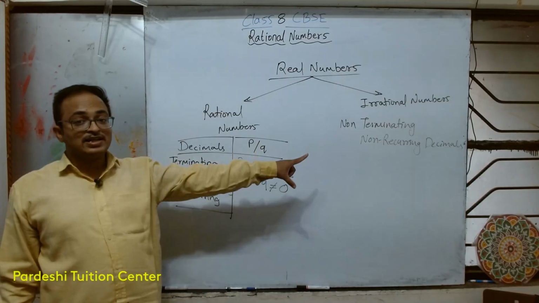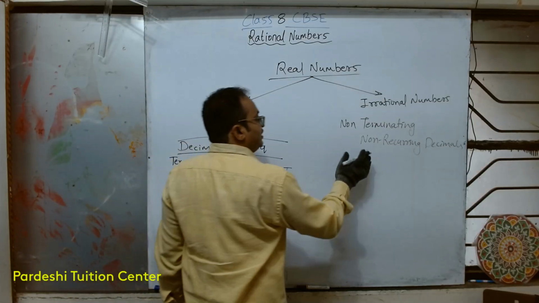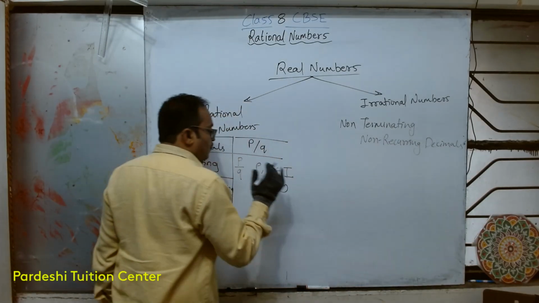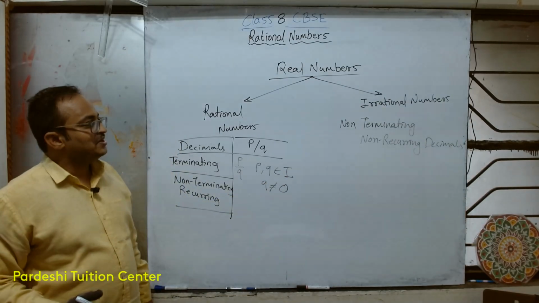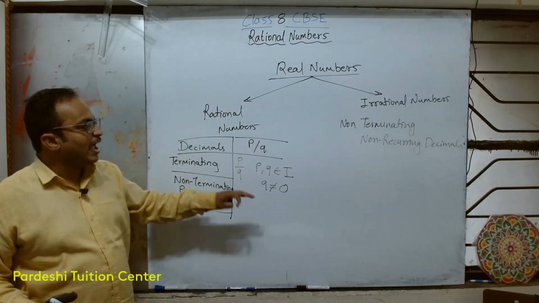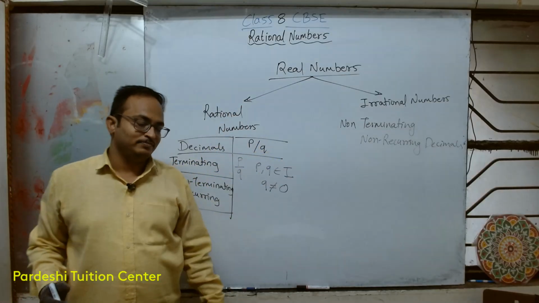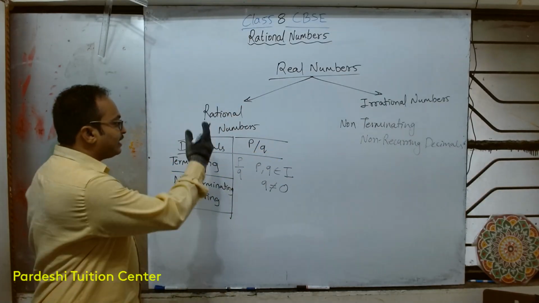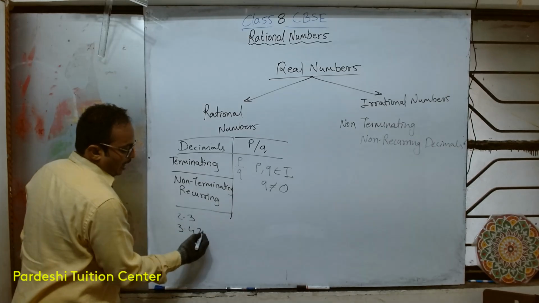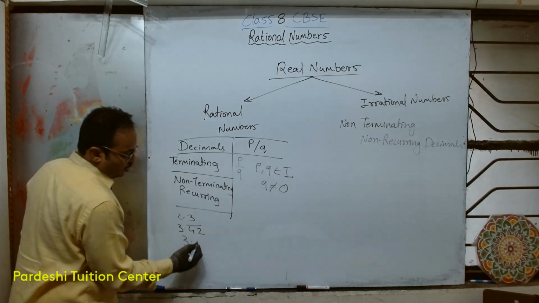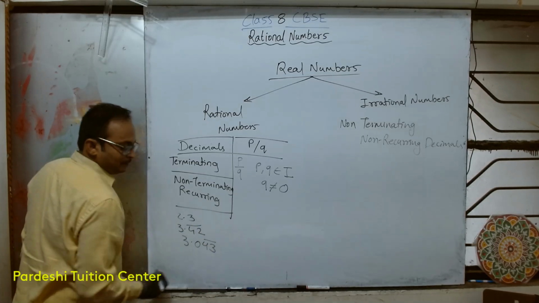An irrational number can never be written in the form of p by q, where p and q are integers. So an irrational number does not have any p by q form. So you can write rational numbers as 2.3, 3.42 bar, 3.043 bar, like this.